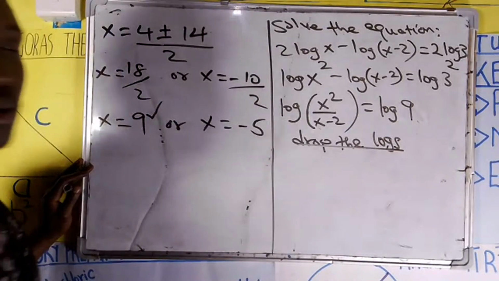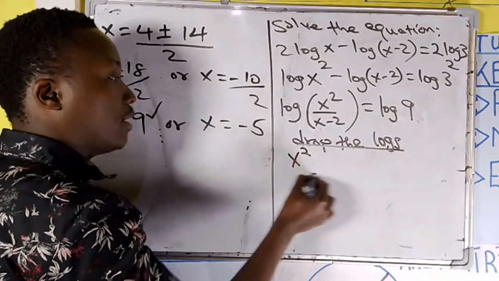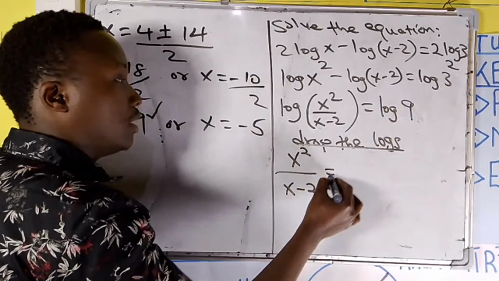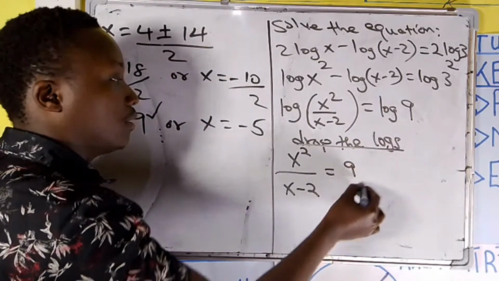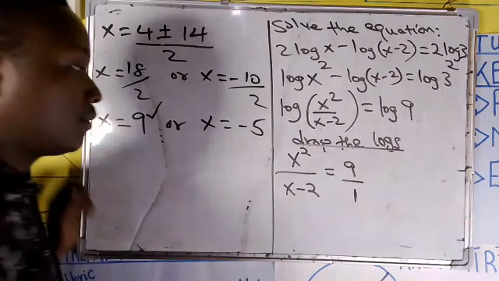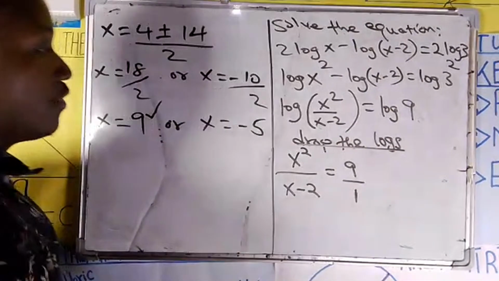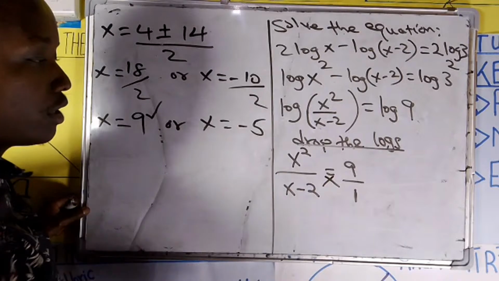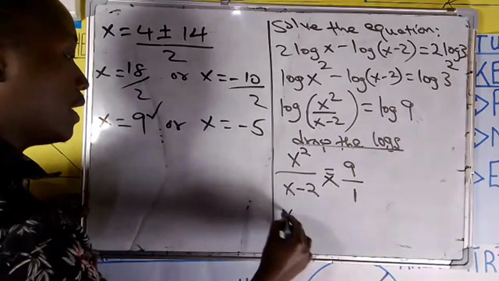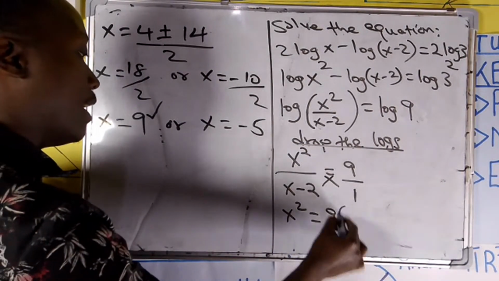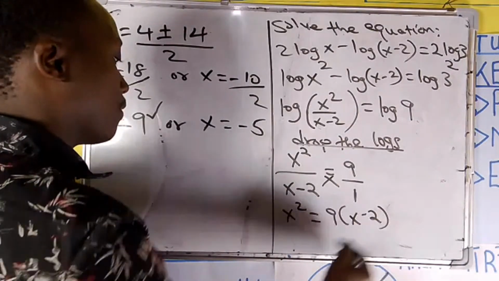Tukidrop logs tutakuwa na x squared over x minus 2 is equal to 9 over 1. x squared over x minus 2 is equal to 9. Ikifika hapo you cross multiply. x squared times 1 is x squared is equal to 9 times x minus 2.